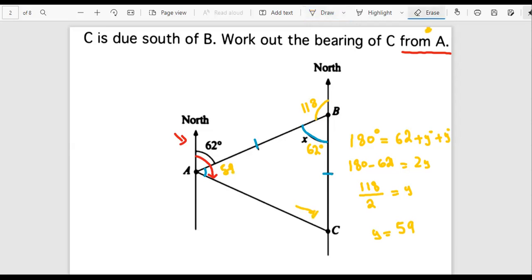Okay. So now we can easily find the bearings. It would be 62 plus 59. So 62 plus 59 is going to give you 121.